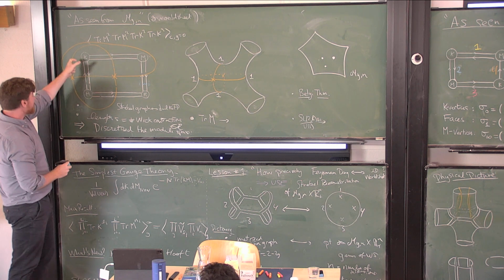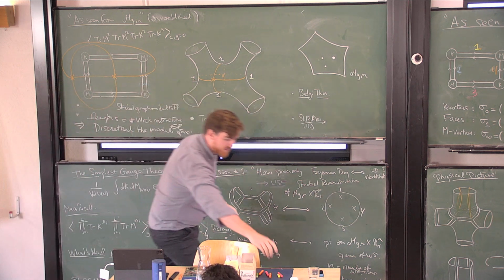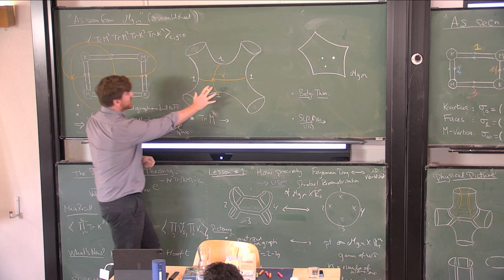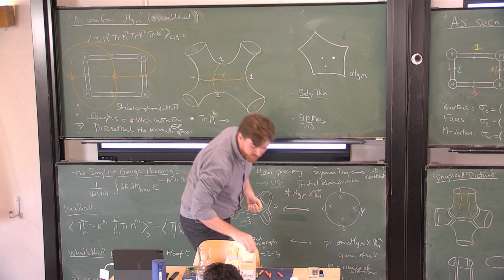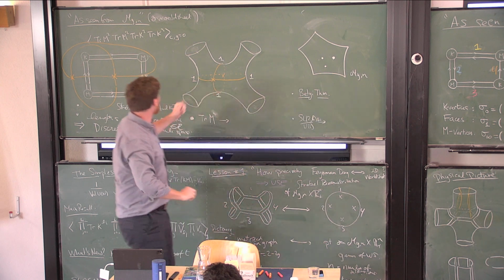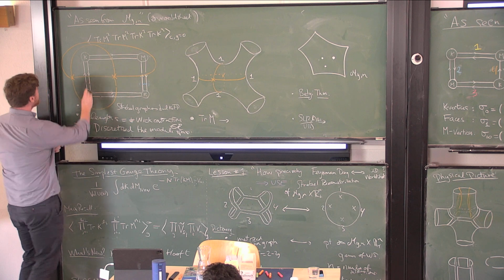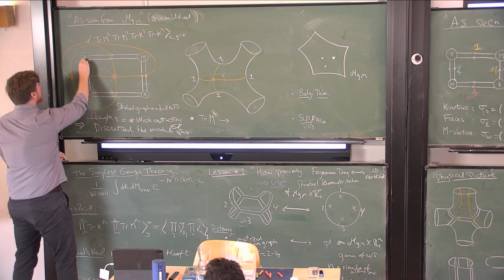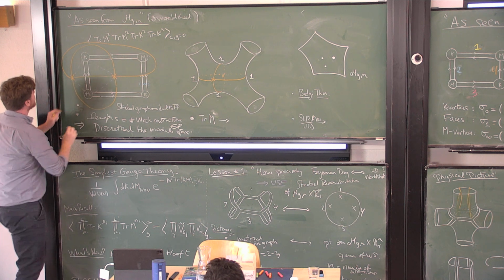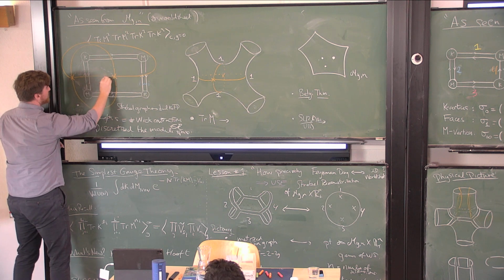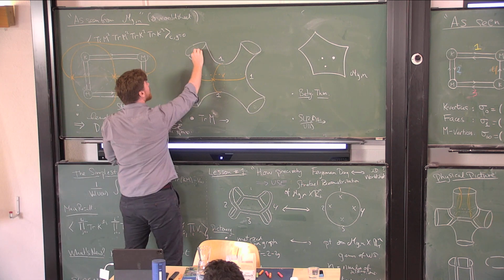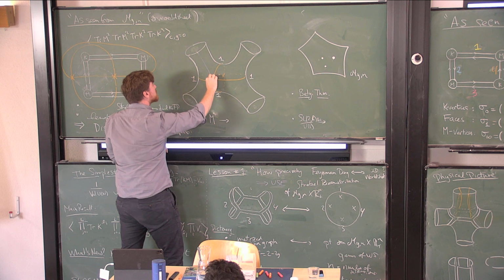So let me try to identify these. So I'll try to use some colors here. I want to show you that this is essentially built out of 4 different strips. So where are the strips going to be? So I'm going to draw the following lines like this. So let's look at this diamond shape, and we're going to find it over here. So these 2 vertices are over here. Okay. So if you want, you have this.